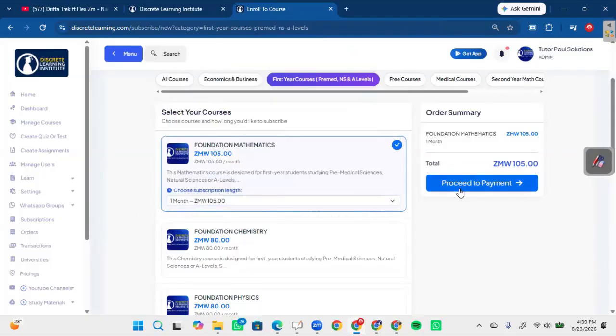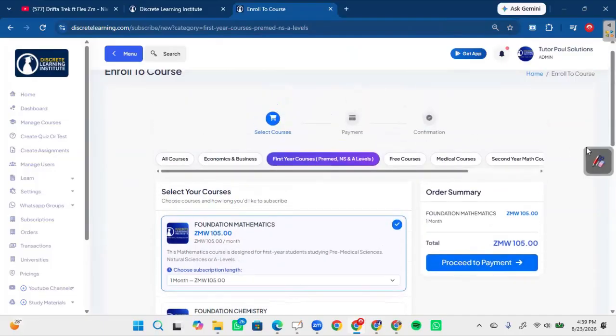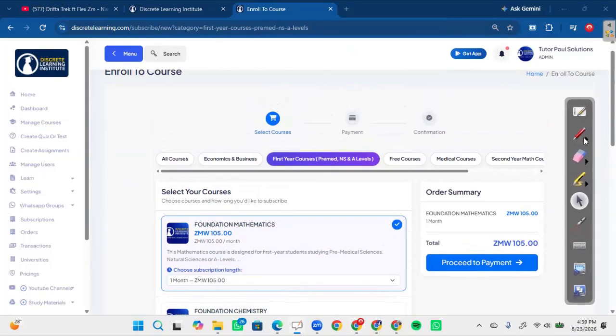Once you select, you proceed to the payment. A prompt is going to come on your phone to put in the password and the like. You put subscribe, then you have access to the course. This can be done by you yourself. You don't need anyone to do this for you. You all have phones, so just subscribe and say goodbye to your academic pressures.